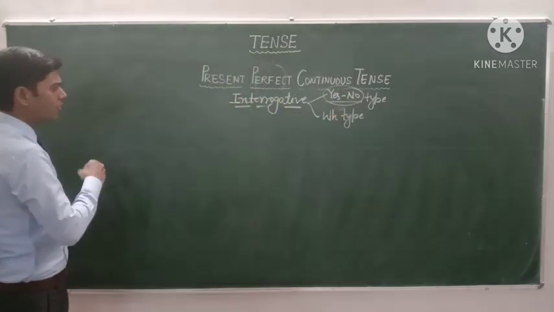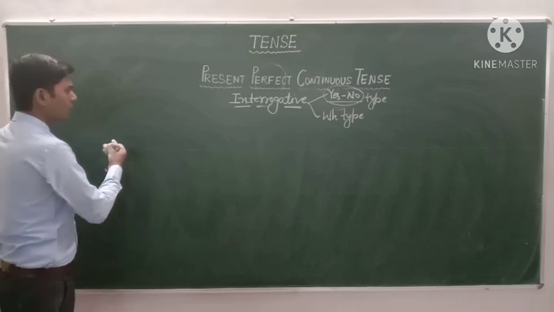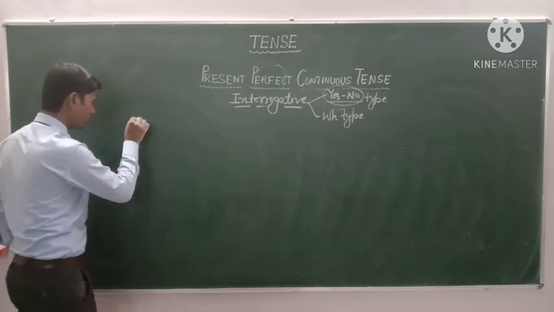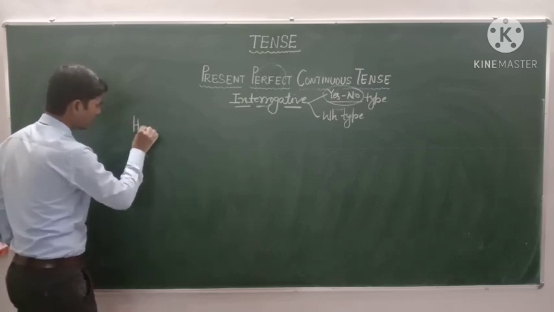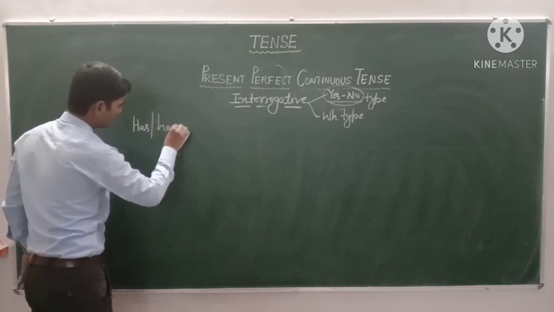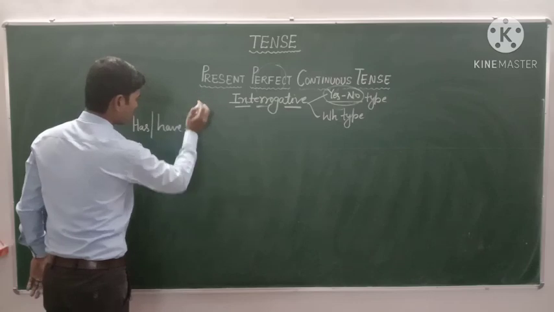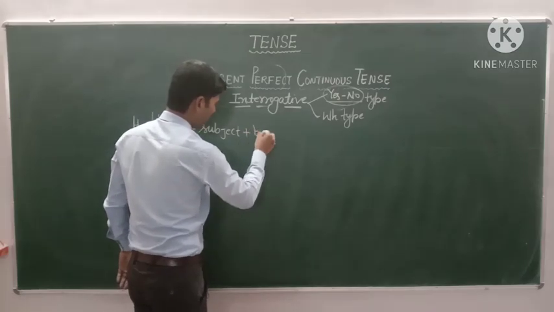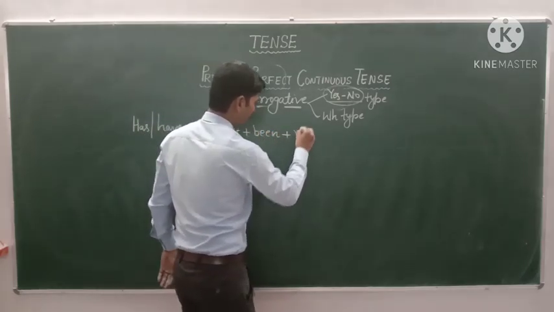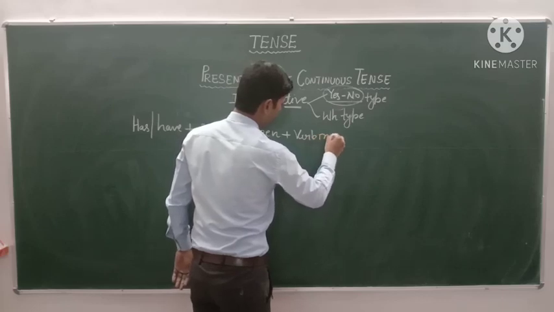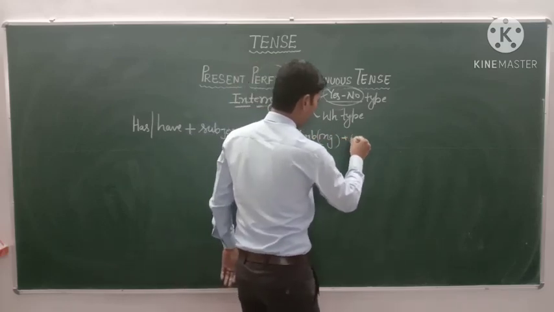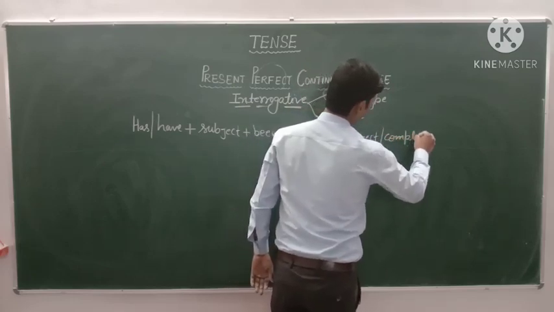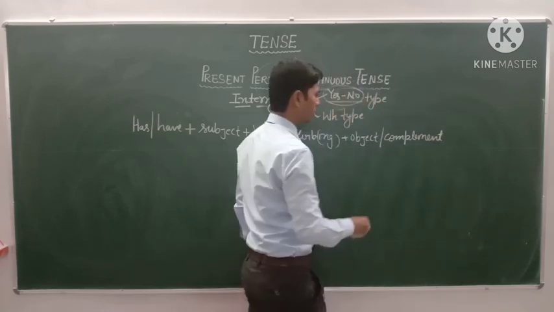How should we note down a yes-no type interrogative sentence? For this we should know the word order. Let's note it down. First of all, we should start it with has or have, plus subject, plus been, plus verb-ing, plus object or complement, right?